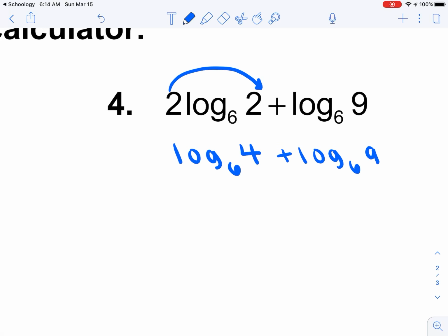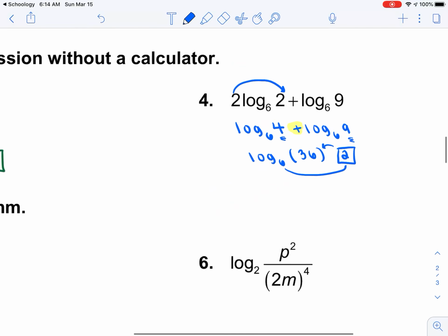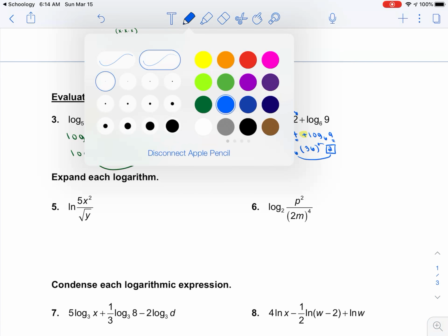Then, since we have a sum, we can now rewrite this as the log base 6 of the product of these two numbers, 4 times 9, or 36. Again, evaluate. And we get this value of 2. 6 to the second power is 36.